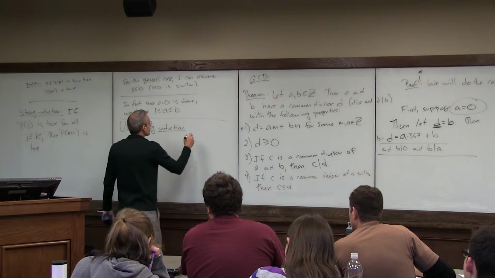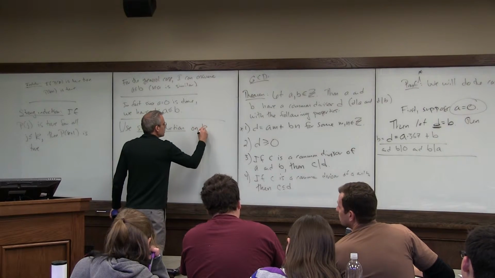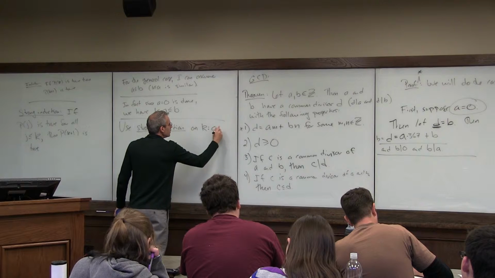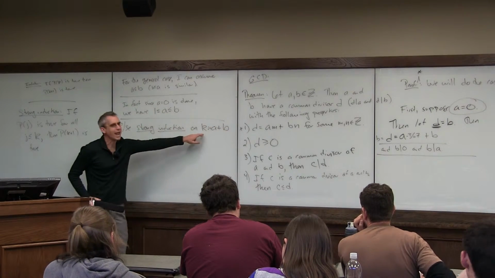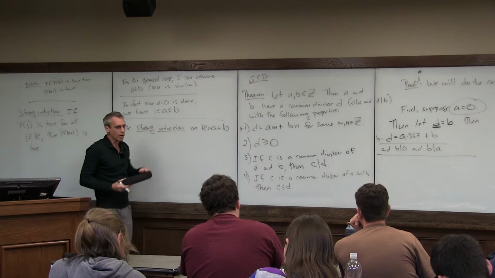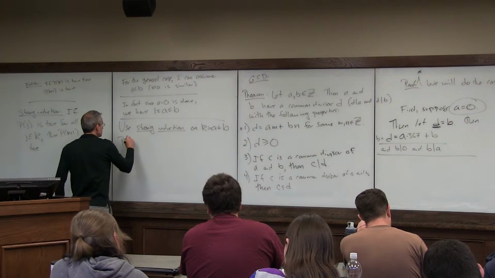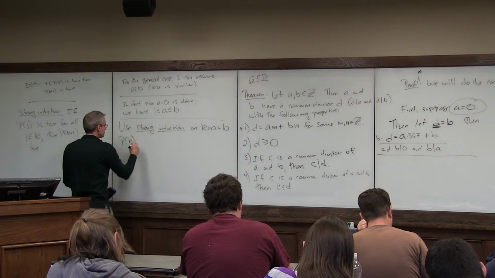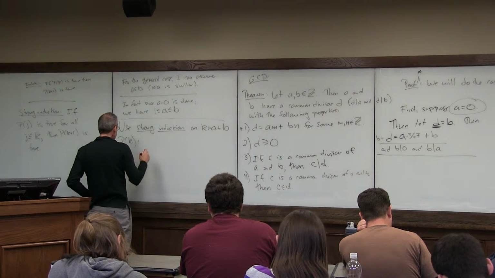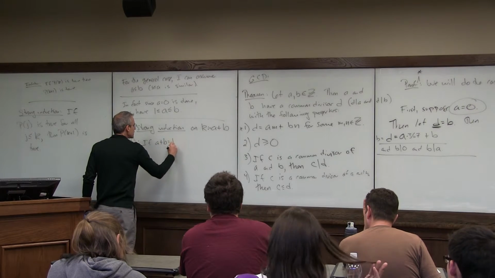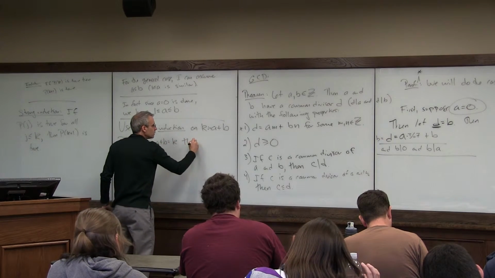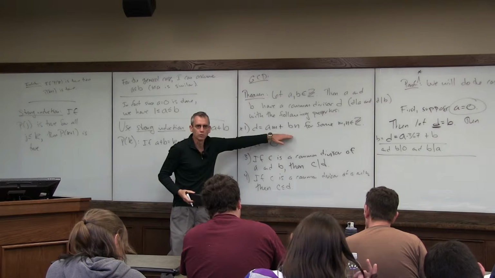So now what's my variable going to be? The induction is going to be on A plus B, which I'm going to call K. So what is my P of K statement? That if A plus B equals K, then the conclusion of this is true, right?